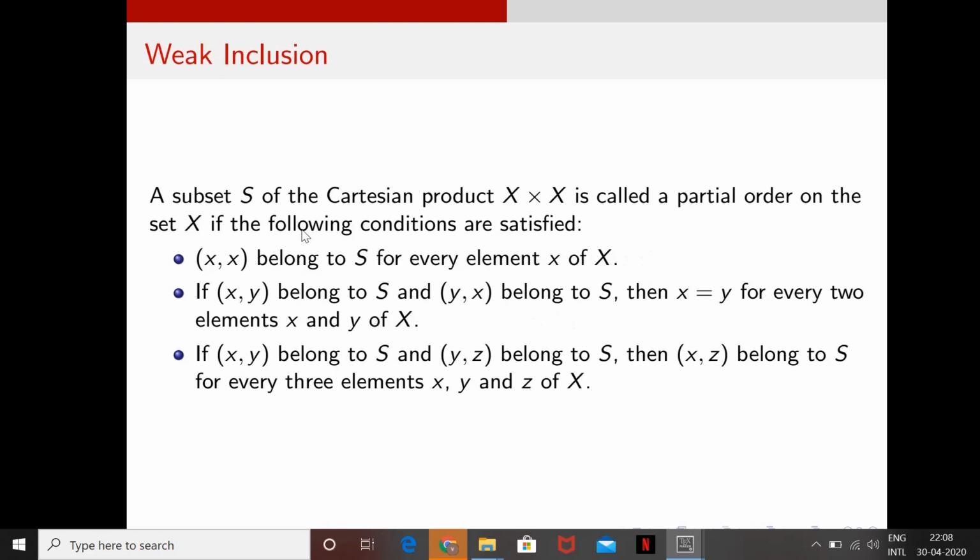A weak inclusion. A subset S of the Cartesian product X cross X is called a partial order on the set X if the following conditions are satisfied.